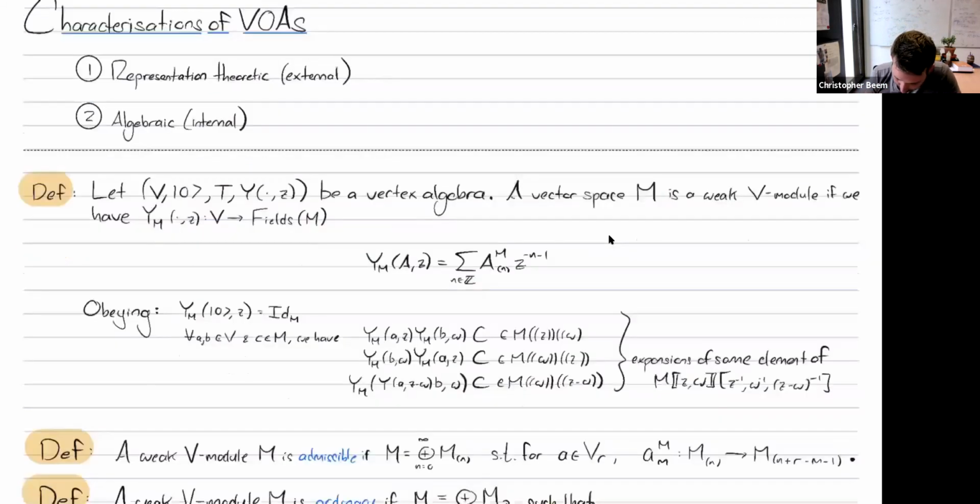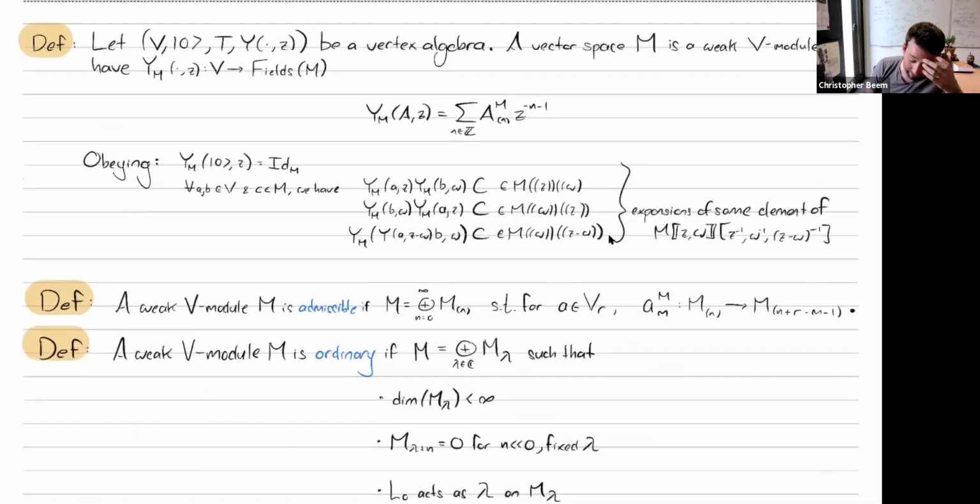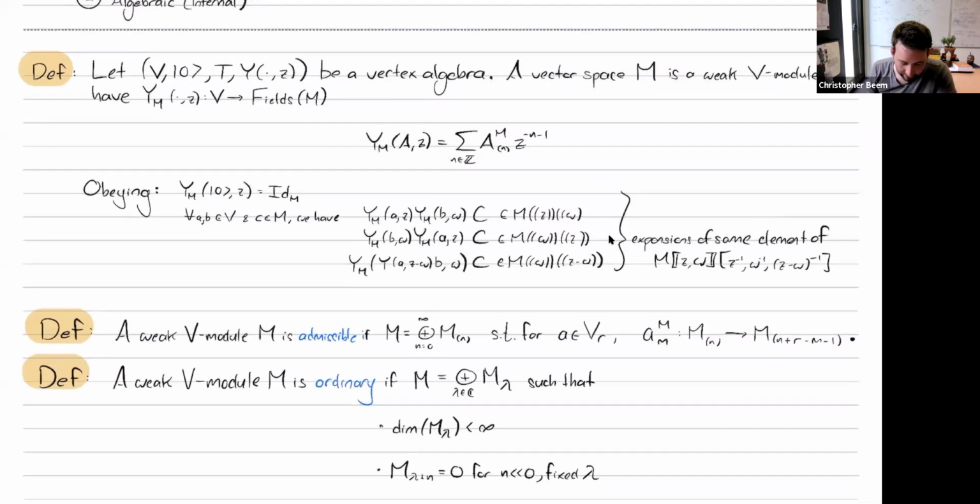So let me try to semi-quickly define this. It's going to be a lot of definitions now, but this is just to hopefully give people a flavor. If you have a vertex algebra, you can define what's called a weak V module, which is a state operator map from your vertex algebra to operators that are fields on your module.